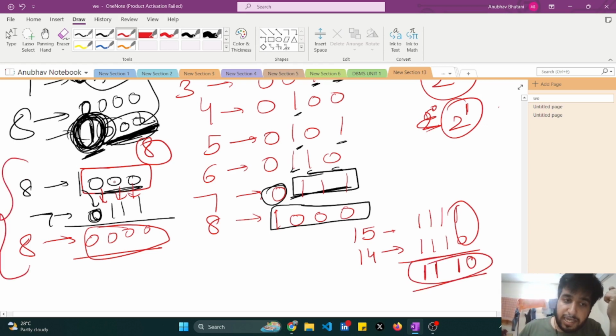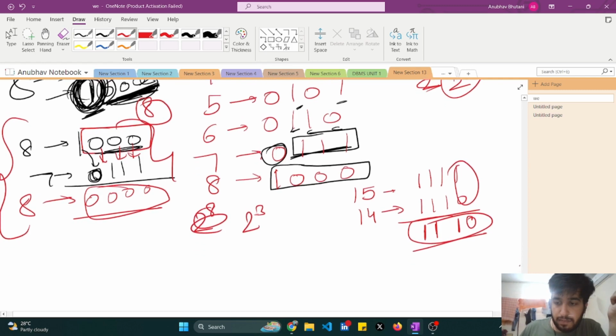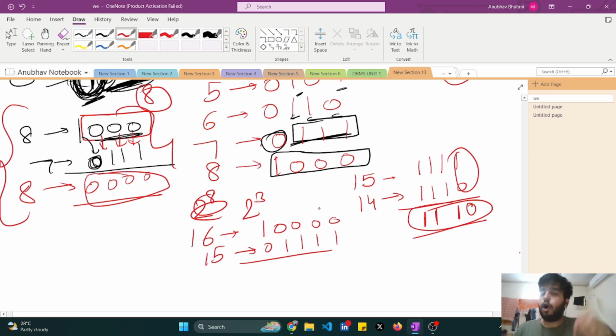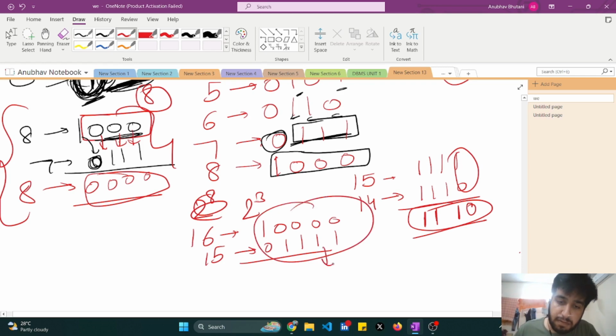Whereas if you carefully observe all the powers of 2, may it be 16: 16 is basically 10000, and 15, as we just saw, is 01111. So this case would have complementary zeros and ones. So if I can make the complementary zeros and ones, this would become 0.